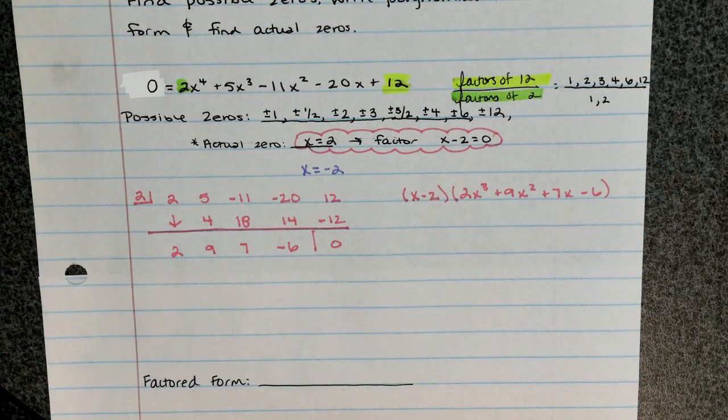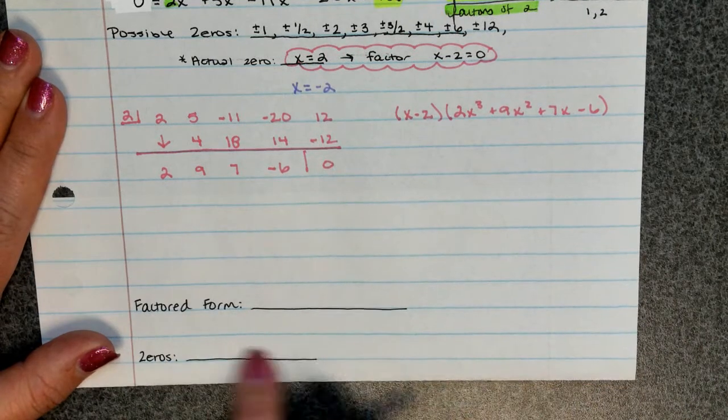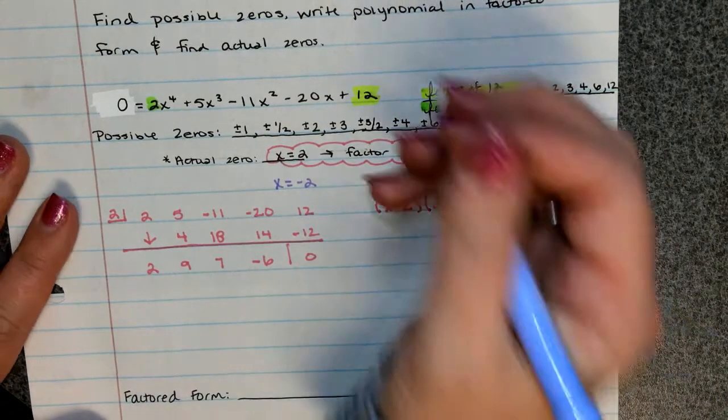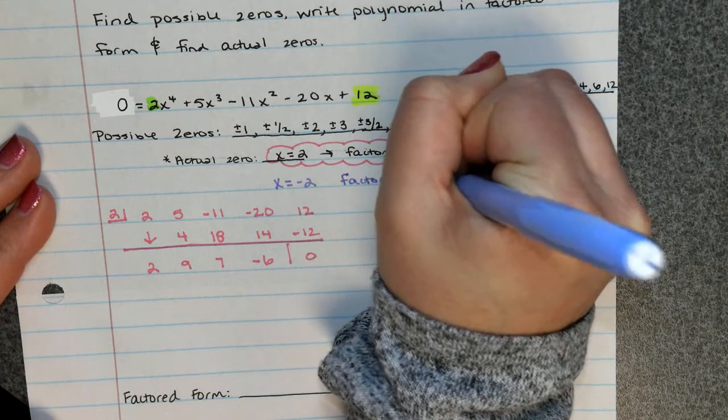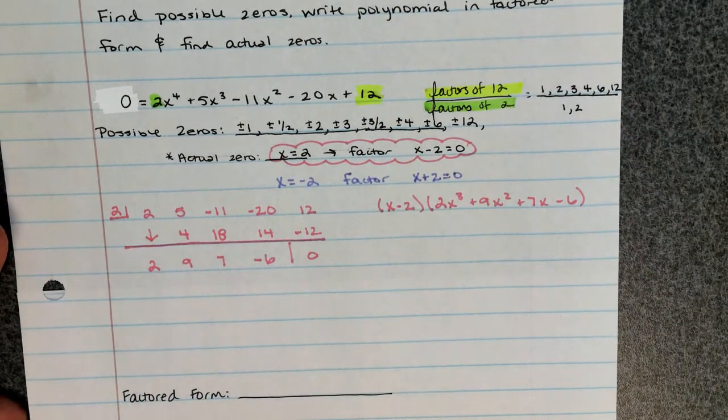And that's why I said it's okay if you find more than one, because in the end, you might need them, okay? And it's a way for you to double check at the end that your actual zeros show up down here. So x equals negative 2. That factor would be x plus 2 equals 0.